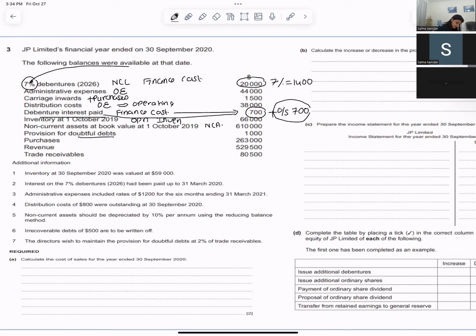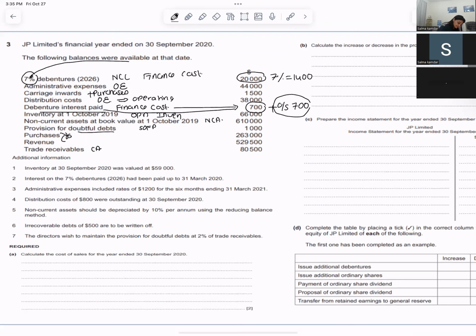Purchases, revenue, cost of sales, trade receivable, current assets. This is cost of sales, and revenue is revenue. You have your closing inventory, 59,000, cost of sales.